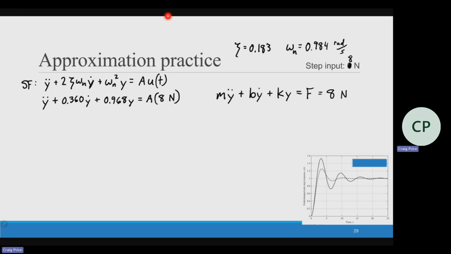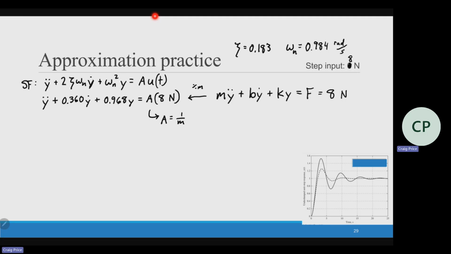Divided by mass, absolutely. So if we divide this by mass, that gives me my standard form. So this becoming that is if we divide the left and the right side by the mass. So that means that A is equal to 1 over mass, which we don't know.